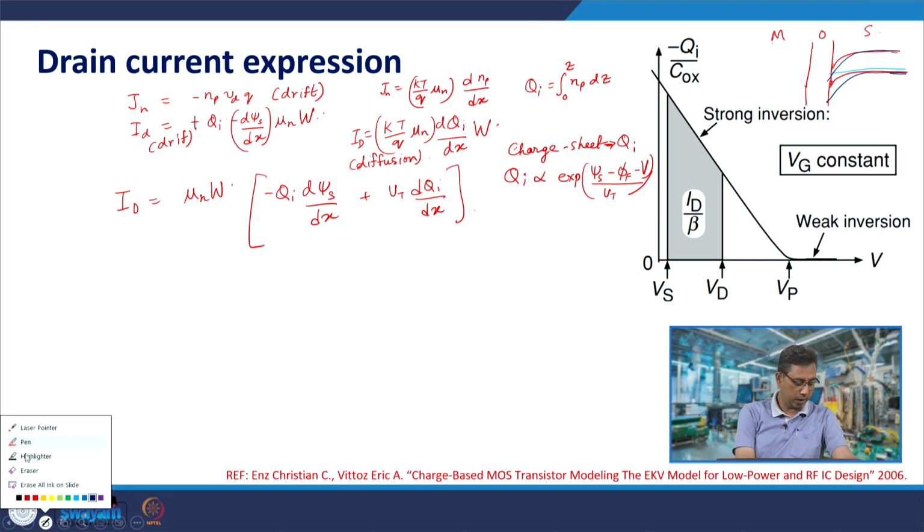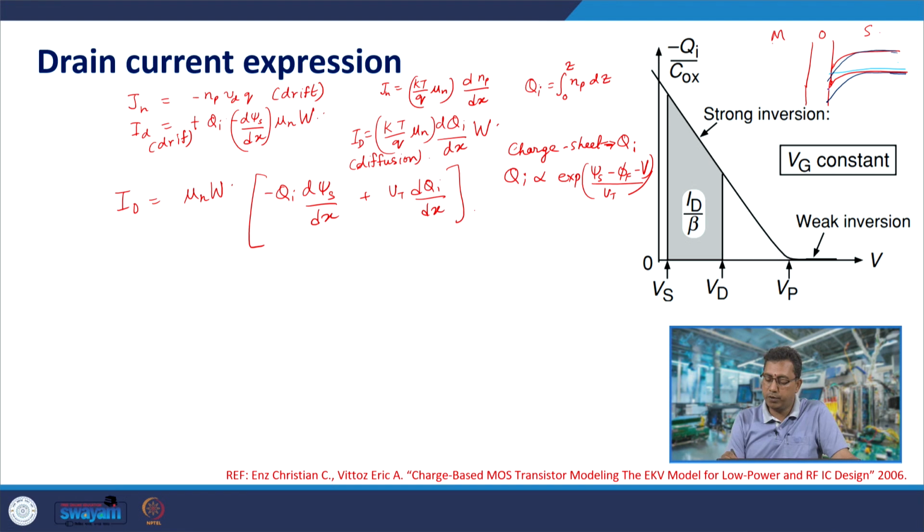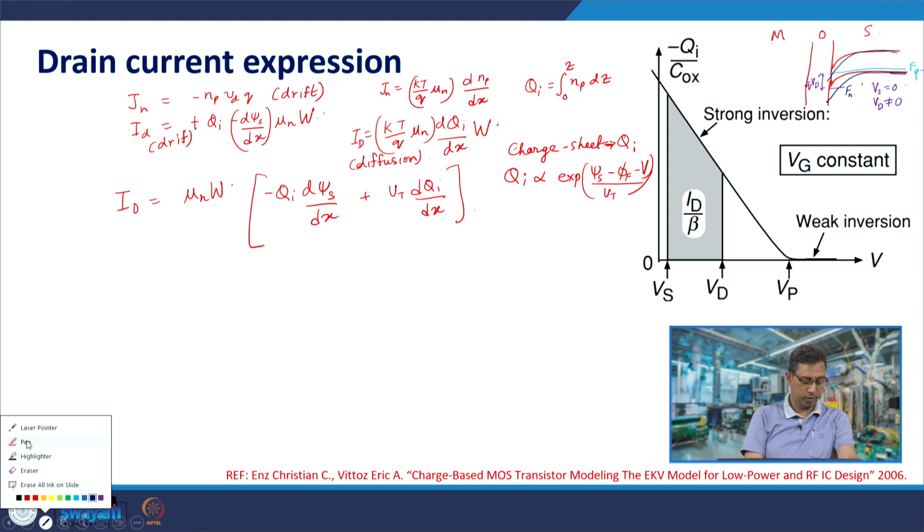The electron quasi-Fermi level would move down by a value qVd. Source voltage is 0, Vd is non-zero and positive. This blue one is Fp, the hole quasi-Fermi level, and the other one is Fn, the electron quasi-Fermi level. So, you can justify this from here.